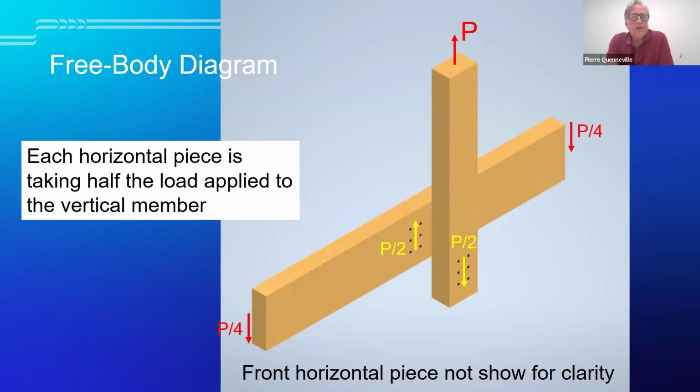Each of our horizontal pieces takes half the load applied to the vertical member. So we would have a force of P over 2 on each face of our vertical member and on the inside vertical face of our side members.